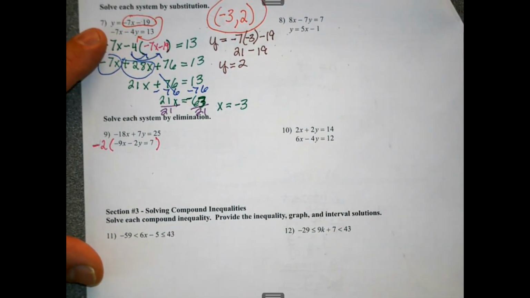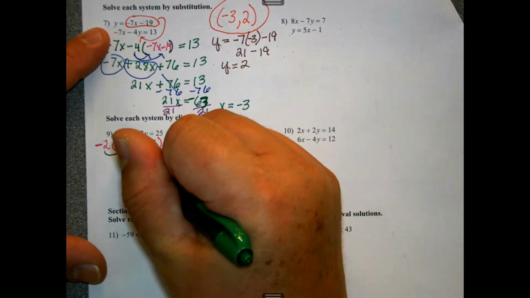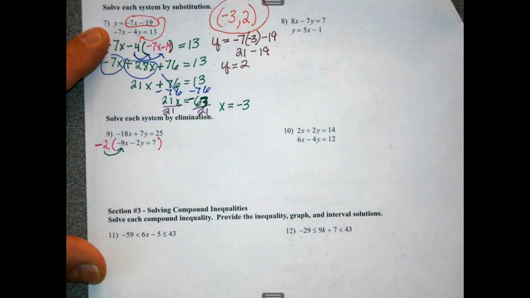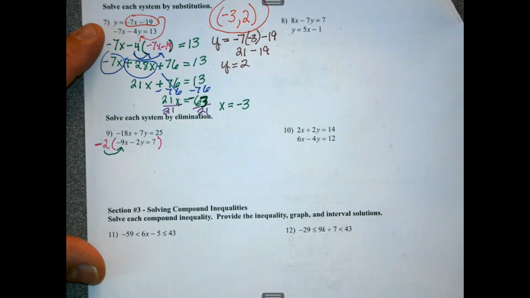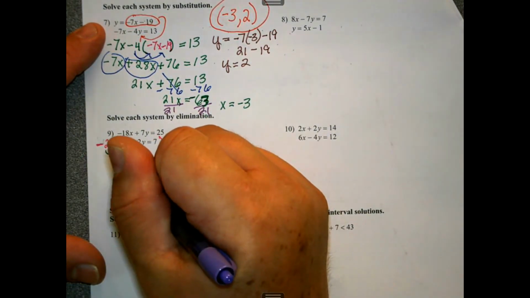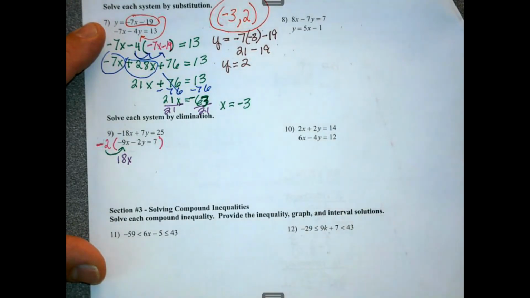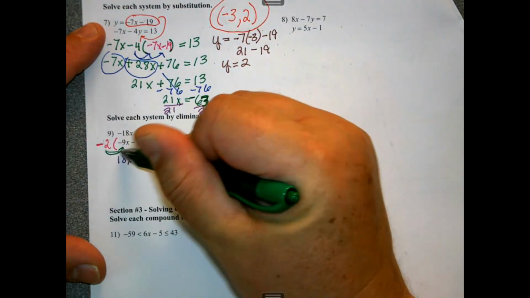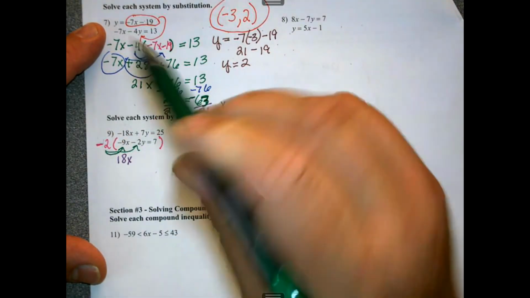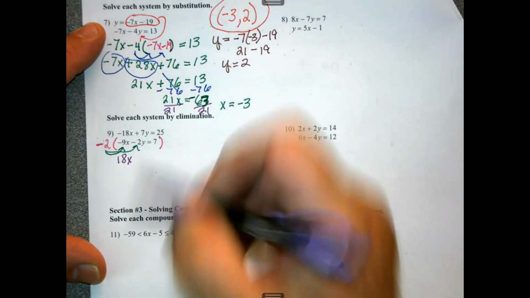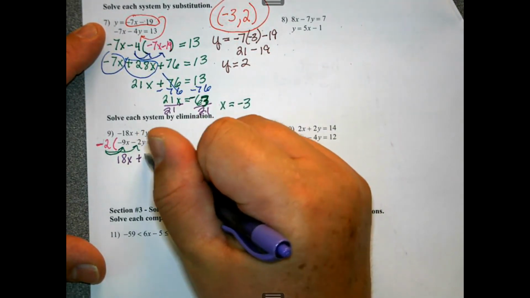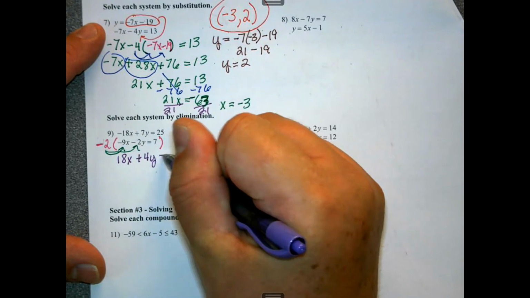Let's see. Negative 2 times negative 9x is positive 18x. Negative 2 times negative 2y is a positive 4y.